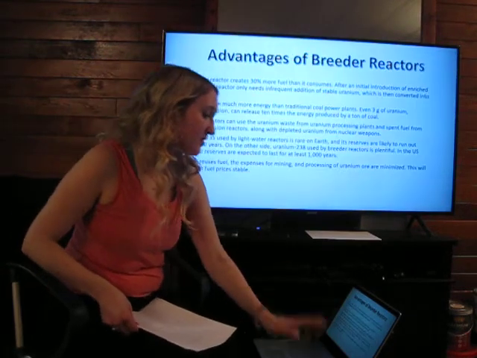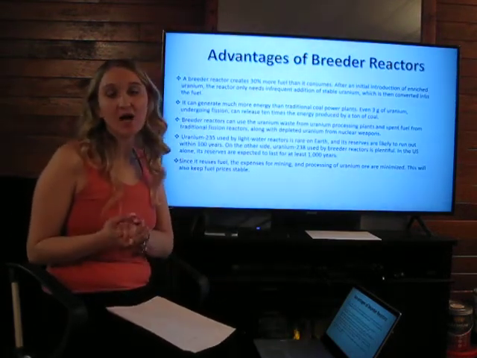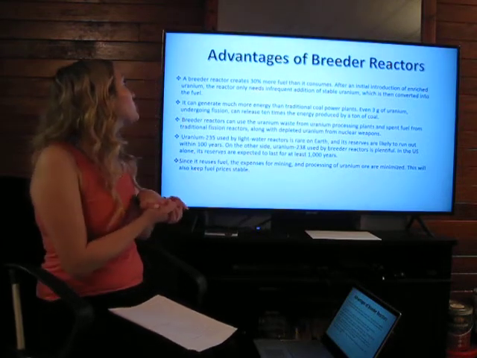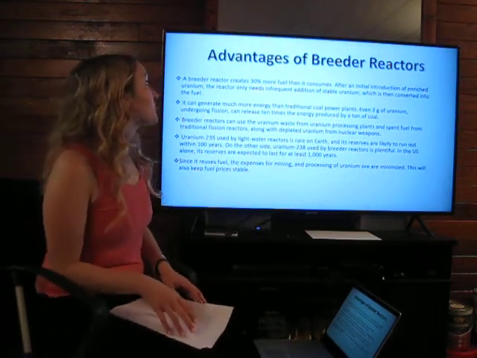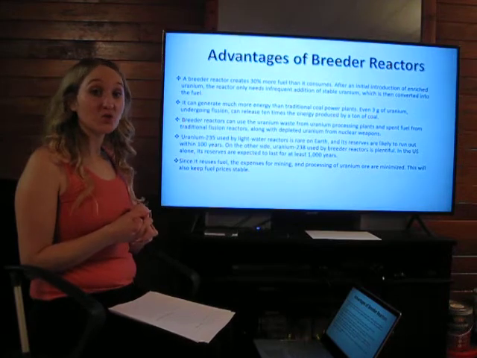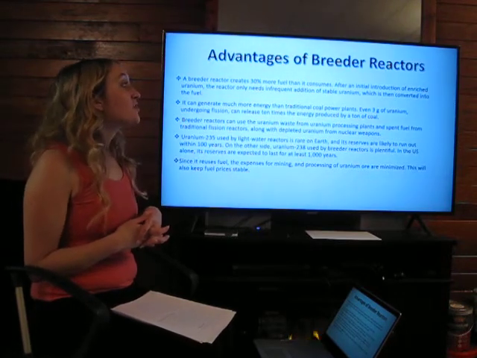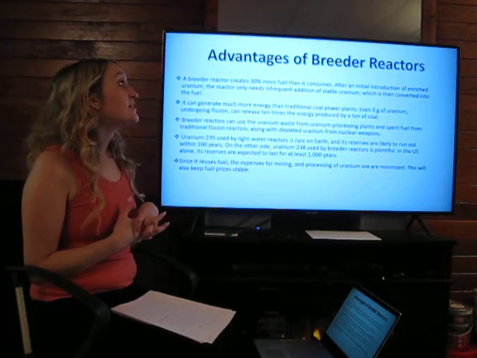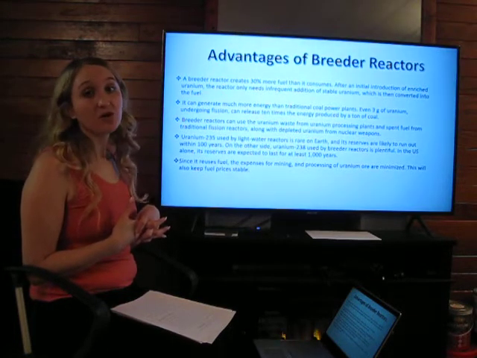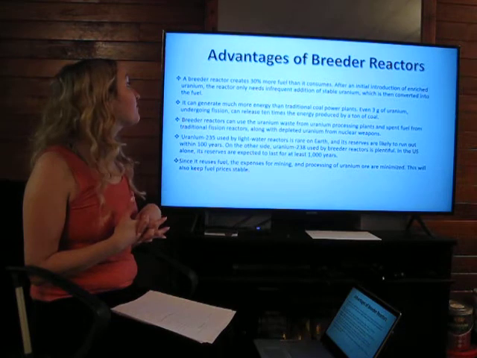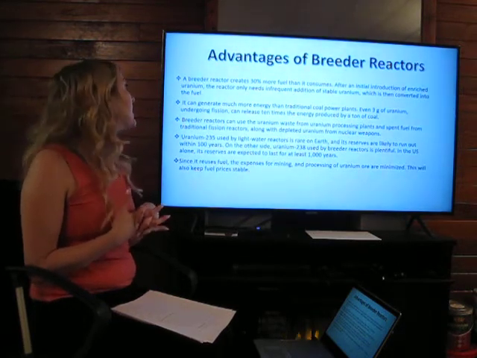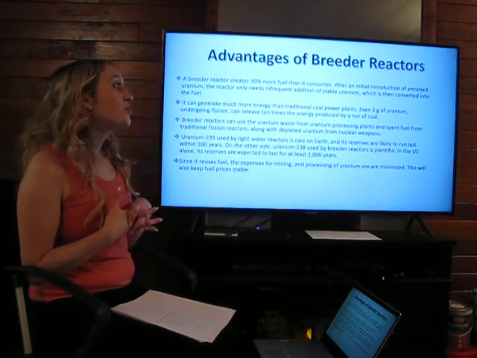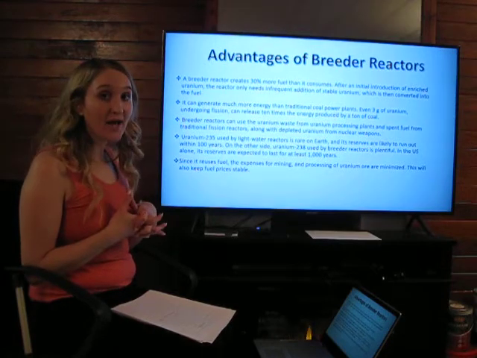Now we're going to talk about some advantages and disadvantages of a breeder reactor. A breeder reactor creates 30% more fuel than it consumes. After an initial introduction of enriched uranium, the reactor only needs infrequent addition of stable uranium, which is then converted into the fuel. It can generate much more energy than traditional coal power plants.